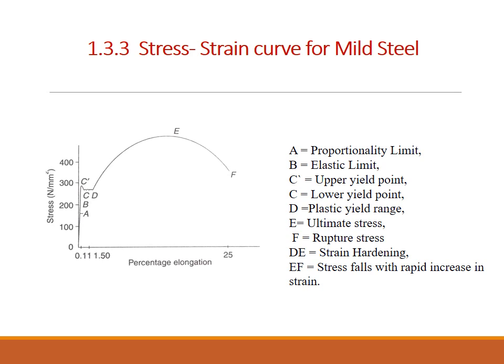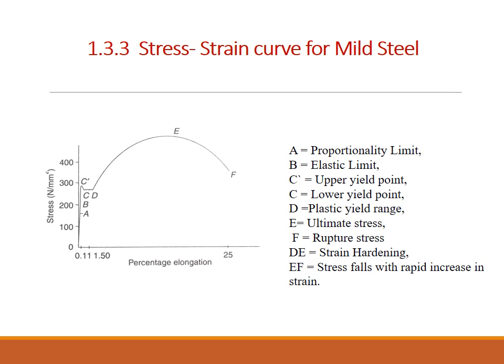E represents the ultimate stress, the stress corresponding to ultimate load. The initial slope of this region is about 4% of the Young's modulus. At a strain of at least 0.2, the stress reaches its maximum value E.